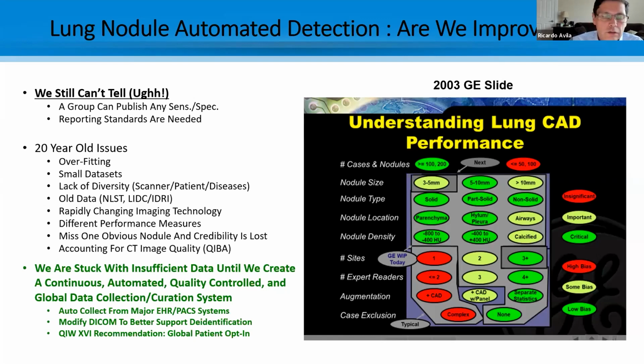Even after you've gotten your great ROC curve, your great area under the curve, and everything looks good, you go out in the field and you miss one obvious nodule, let's say a 15 millimeter nodule. The credibility with the physician is almost completely lost at that point.